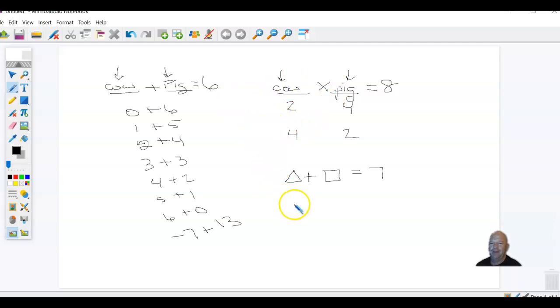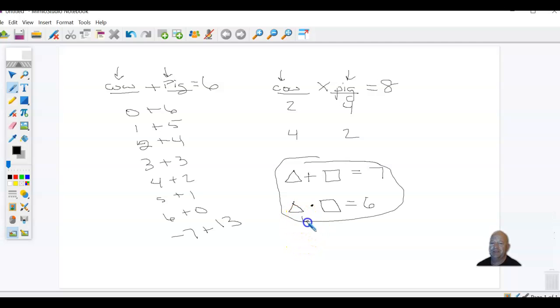These numbers can be anything, just like we did up here with the cow and the pig. And so then we can do the same thing and we can say triangle times square equals 6. Well, now all of a sudden we can make that connection here and we can say that one of the numbers has to be 6 and one of the numbers has to be 1.